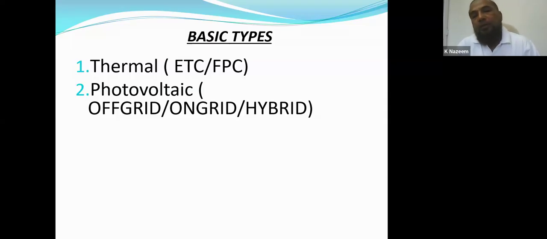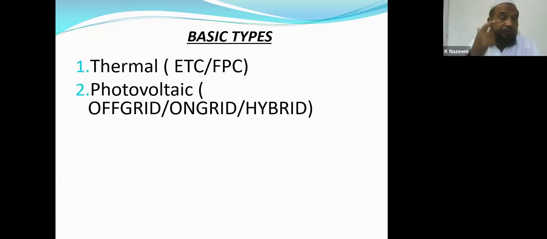So thereby the water is heated and the hot water, since it becomes lighter, travels towards the tank, and thereby the siphon effect, the circulation goes on. In the next 4 or 5 hours it gets heated up to 80 degrees to 100 degrees. This is called FPC, flat plate collector.